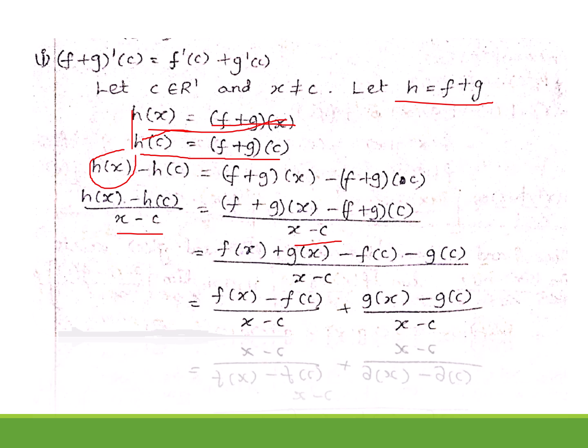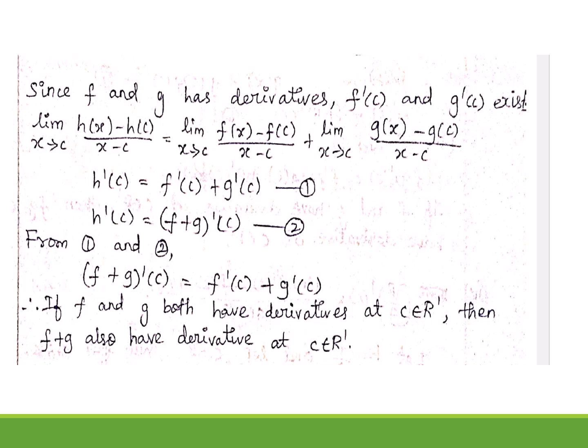Simplifying, we get (f of x minus f of c) divided by x minus c plus (g of x minus g of c) divided by x minus c. Since f and g have derivatives, f dash of c and g dash of c exist.